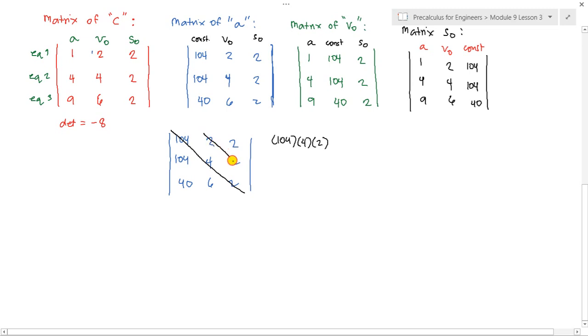Next, 2 times 2 times 40, plus 2 times 2 times 40, plus the next 2 paired with the remaining 6 times 104. So 2 times 6 times 104.